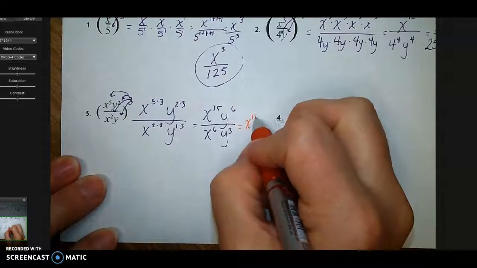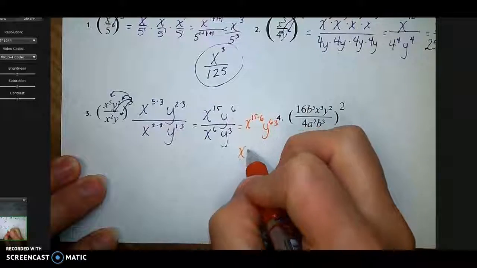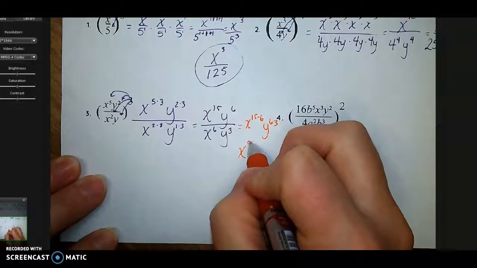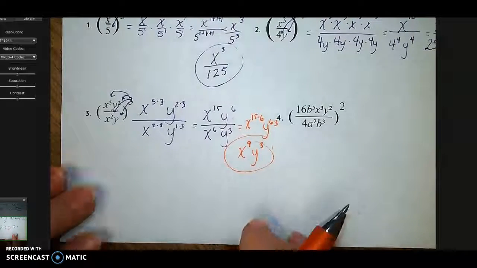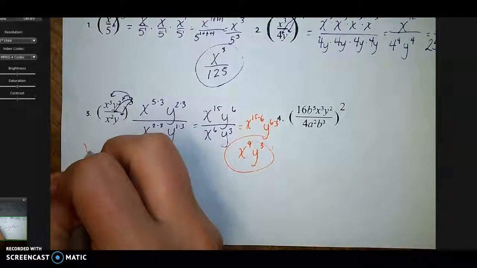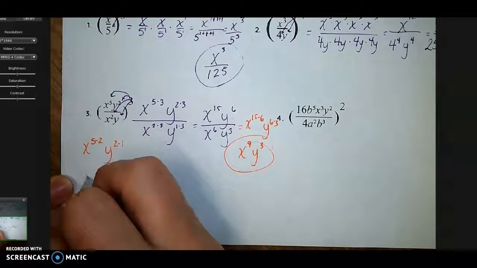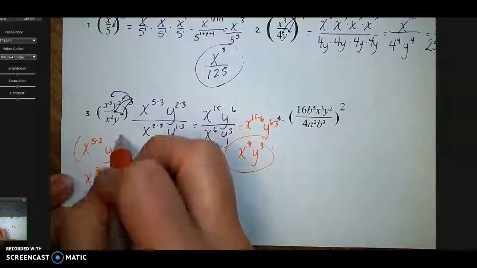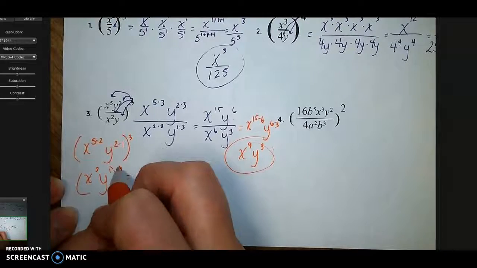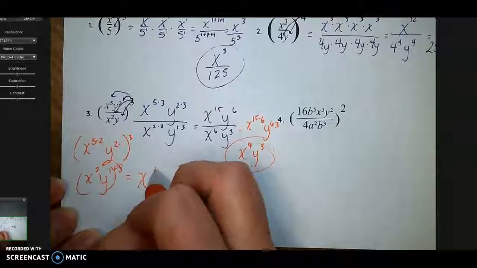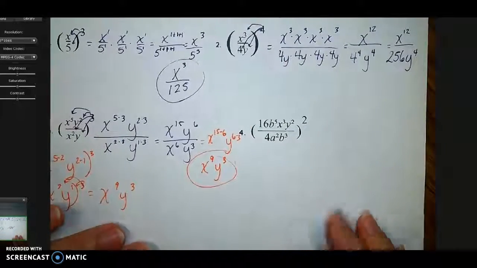This becomes x to the 15 minus 6, and y to the 6 minus 3. So x to the 9th, y to the 3rd would be our final answer. You could have also reduced it over here and gotten x to the 5 minus 2, y to the 2 minus 1. And that would have all still been in there. And then when I distributed that, I would have gotten x to the 9th, y to the 3rd as well. So you can see we get the same answer.